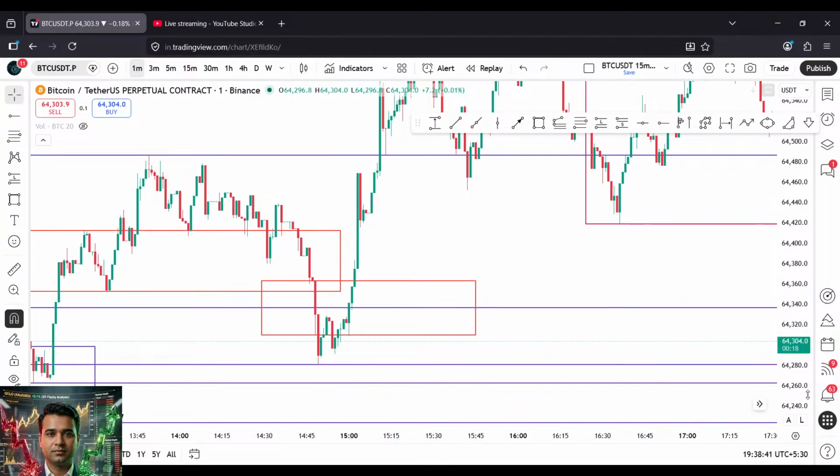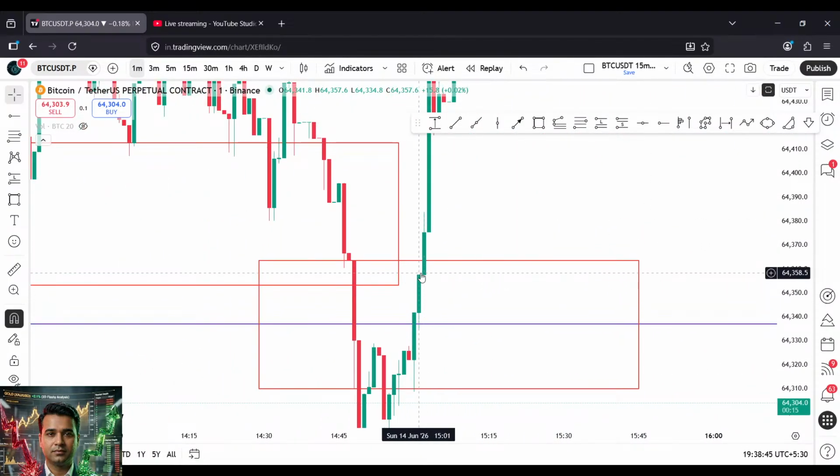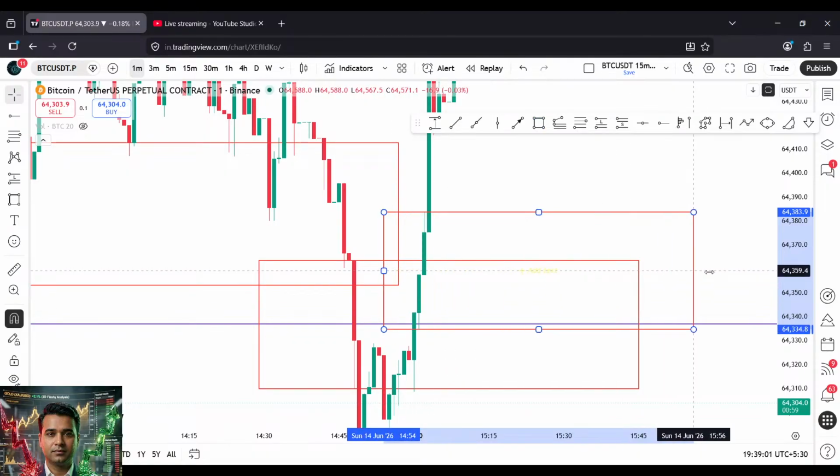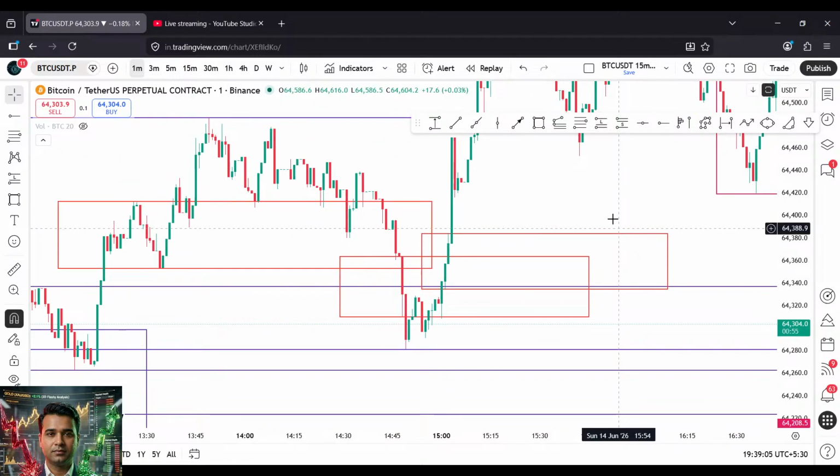Between these two candles we don't have any wick, so we will take the upper wick of this candle and the lower wick of this candle. Both will be covered as swap.